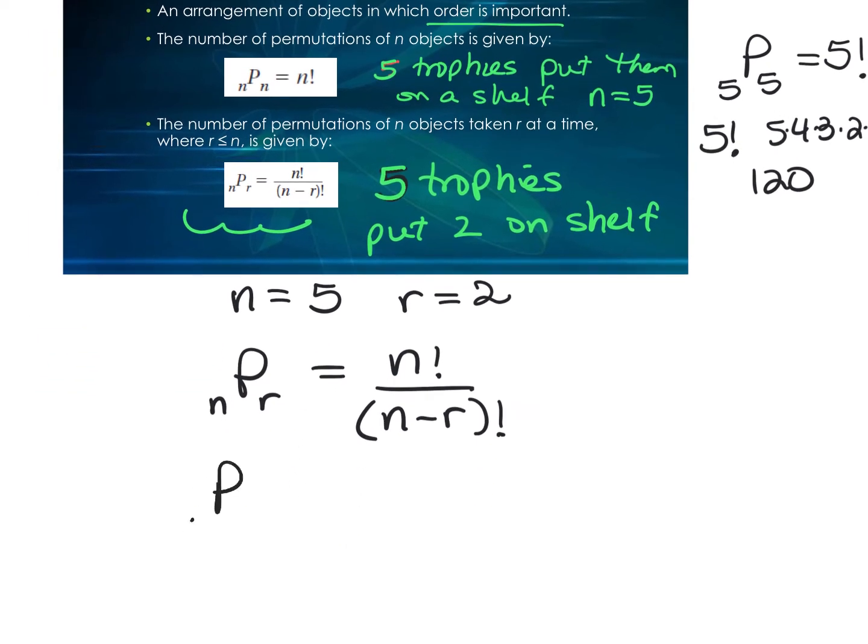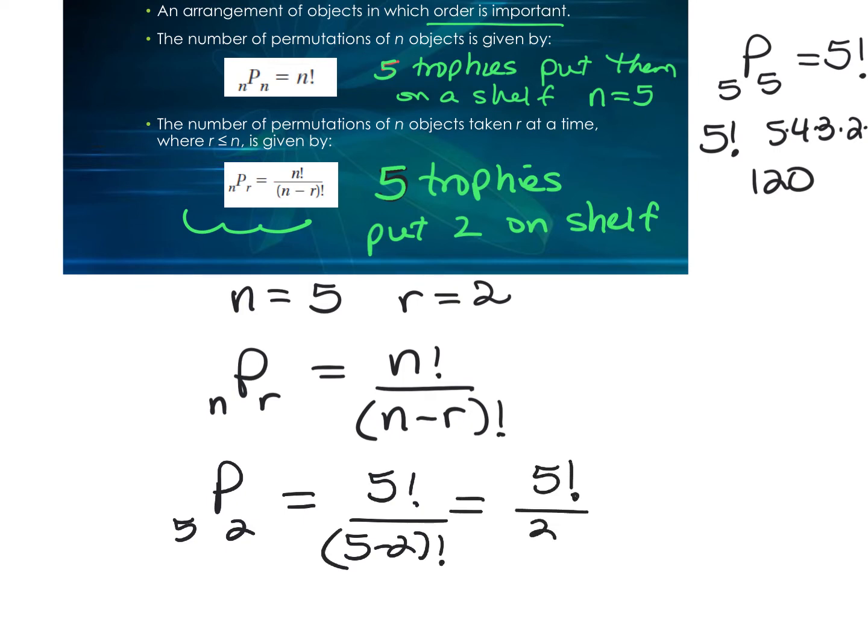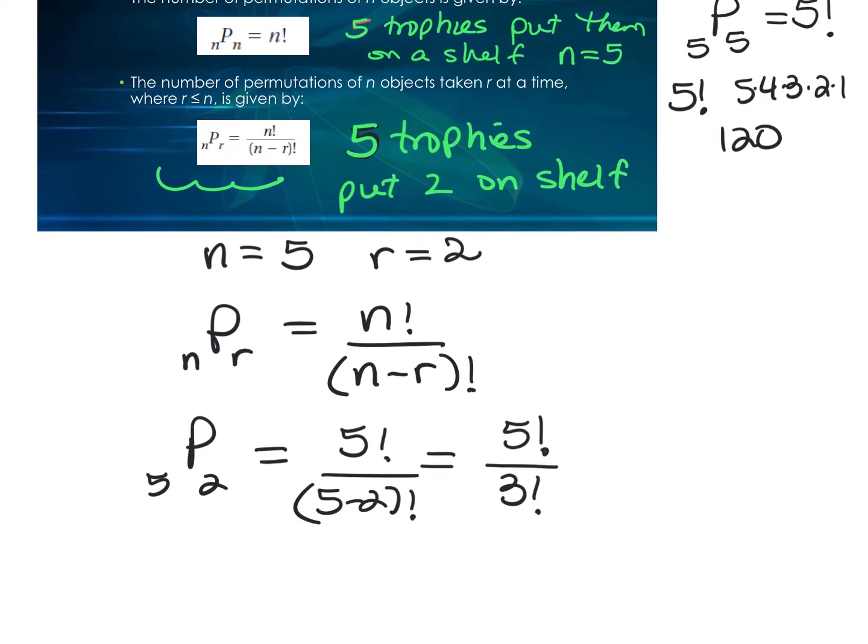So P and then 5 and 2. So I'm going to replace my variables. 5 factorial over 5 minus 2 factorial. I'm going to simplify the parentheses. And now I can't divide this, but what I need to do is expand it. So I'm going to expand 5 factorial.